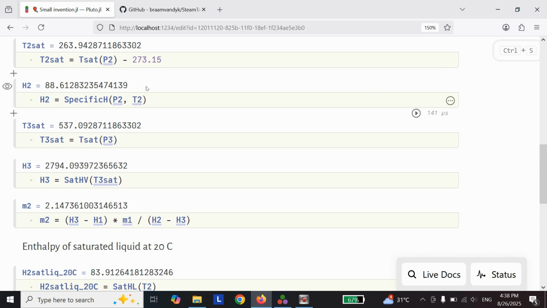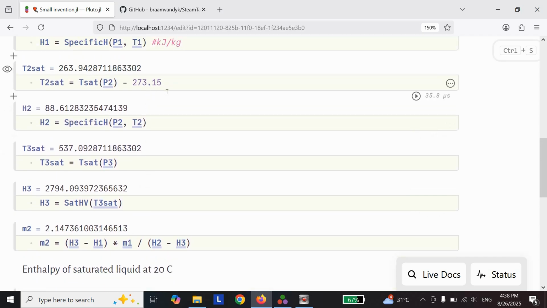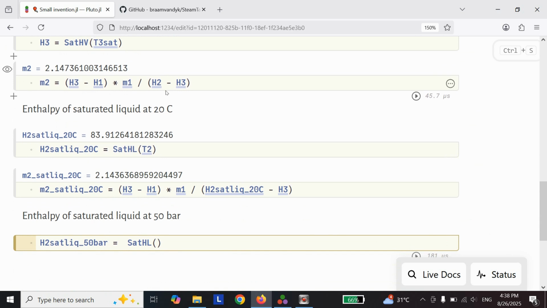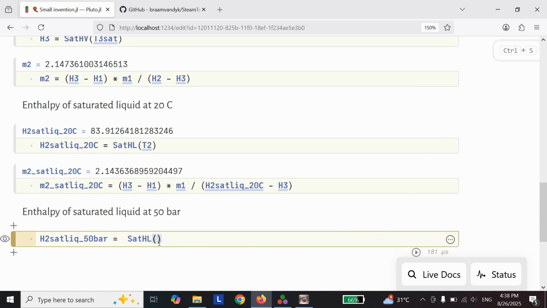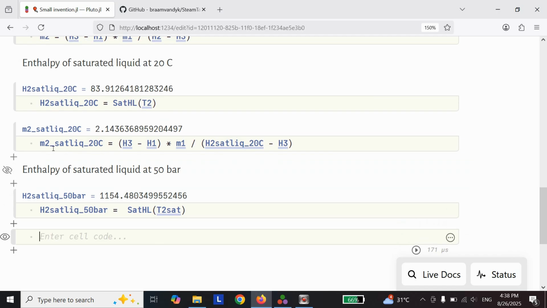Okay. However, in this cell, I changed into degrees Celsius, but the steam table accepts temperature in Kelvin. So in this case, I'm going to drop this conversion to keep it in Kelvin and rerun this one. Okay. And then I'm going to put temperature T2 sat here and rerun it again.